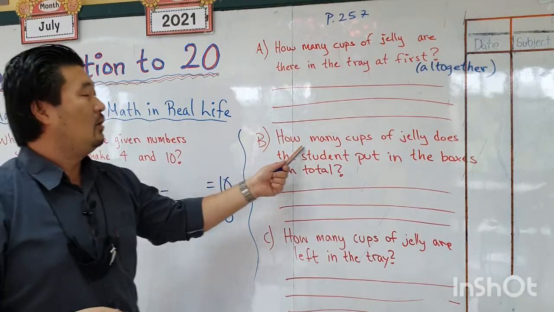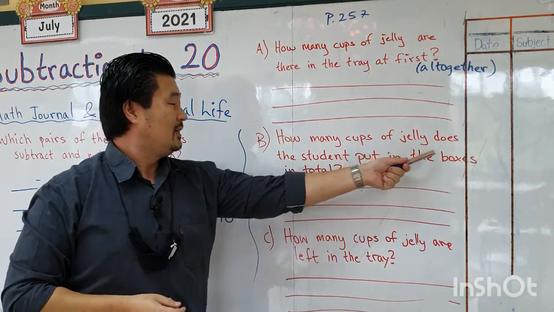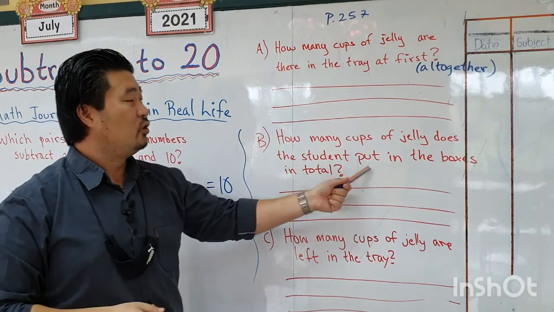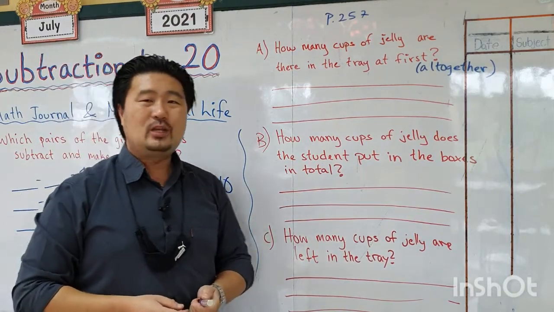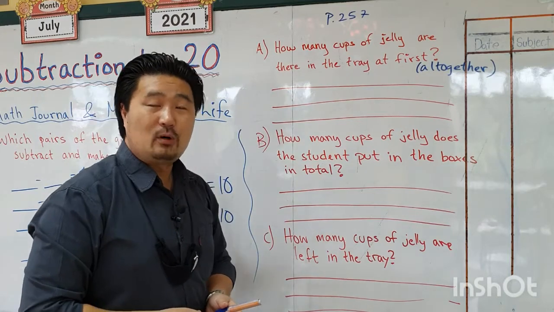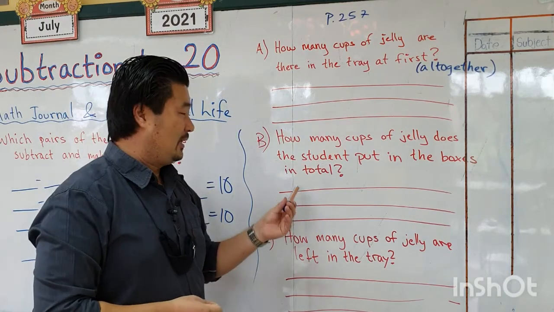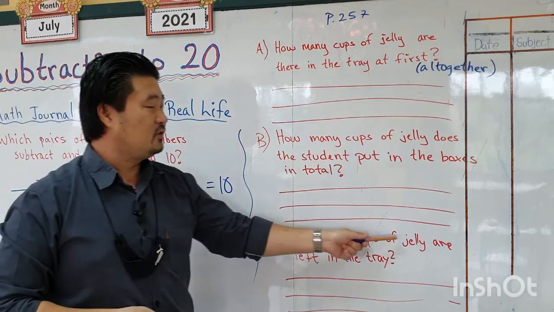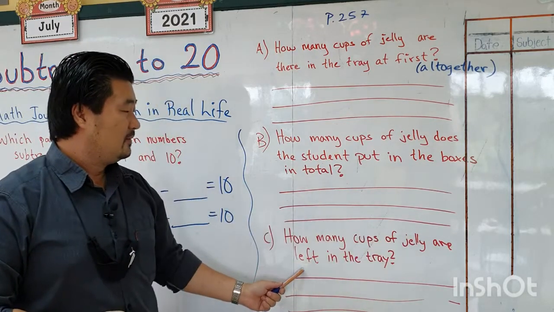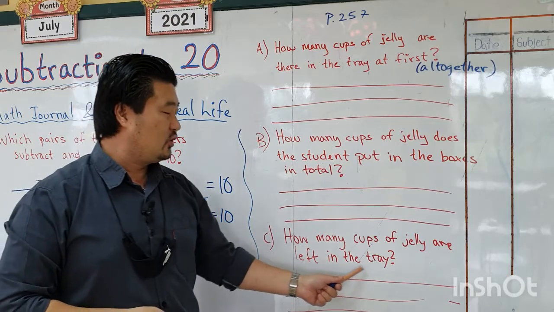B. How many cups of jelly does the student put in the boxes in total? So how many jellies does he put in the boxes? How many? And then C. How many cups of jelly are left in the tray?